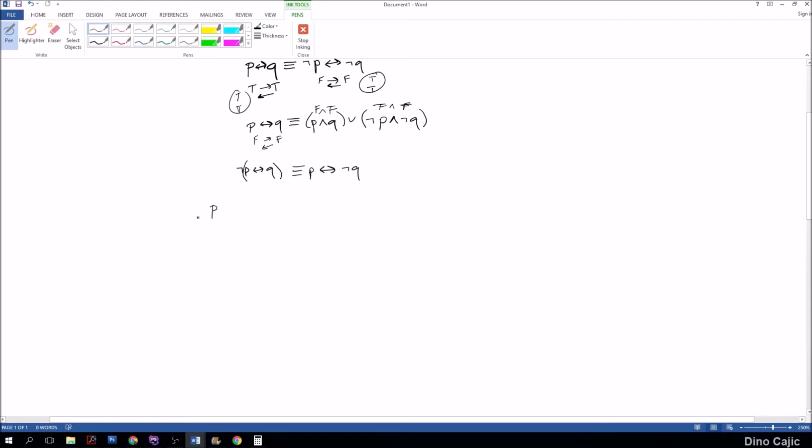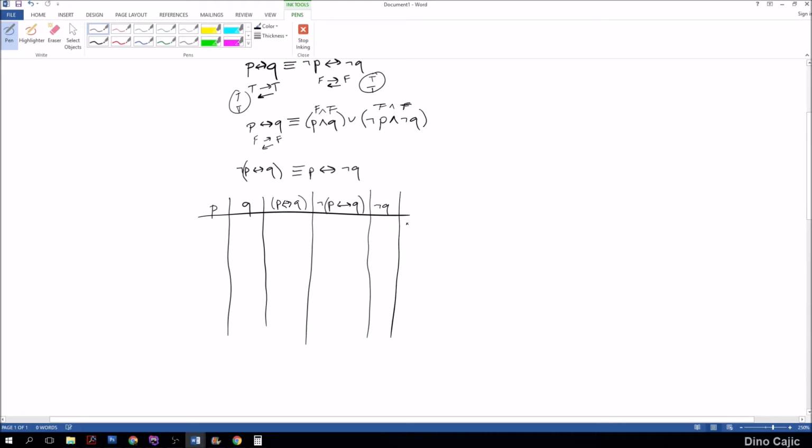Since there are only two variables, just to illustrate that these are equivalent, we have P, Q, then P if and only if Q. We also have the negation of that entire thing, not (P if and only if Q), followed by, on this side, not Q, and the last one is P if and only if not Q. So true, true, false, false, true, false, true, false.